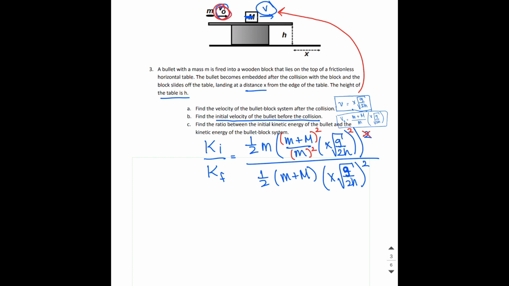And then I can start reducing this m with that m, the 1/2 with that 1/2, this m plus M with one of those m plus M's, and then this whole x square root of g over 2h squared ends up canceling there. And in the end, I end up with m plus M, big M, over little m as my ratio.